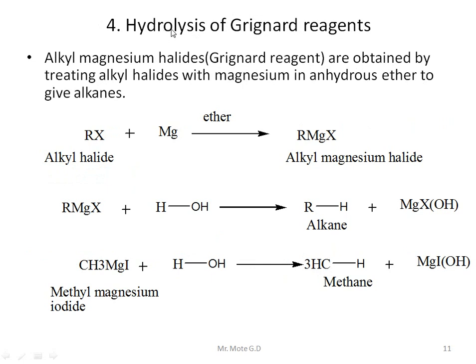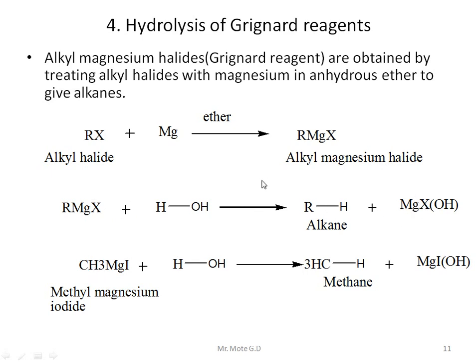Then fourth method, hydrolysis of Grignard reagent. Initially we will see how the Grignard reagent is produced. When alkyl halide is treated with magnesium in presence of dry ether, it forms alkyl magnesium halide, that is Grignard reagent. Then we will treat the Grignard reagent with water. So hydrogen goes to this R group and MgOH will be liberated as a byproduct.